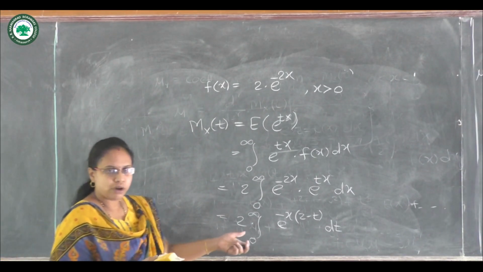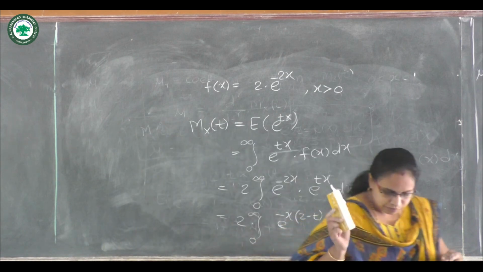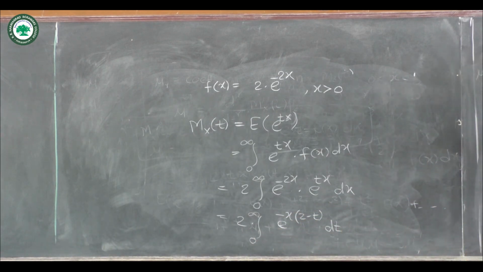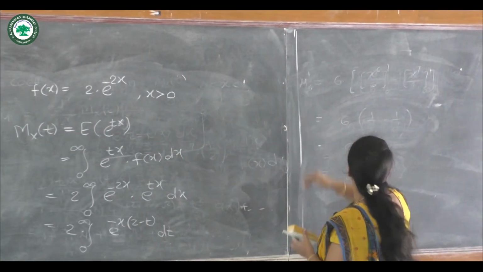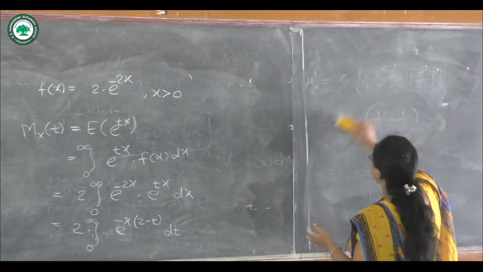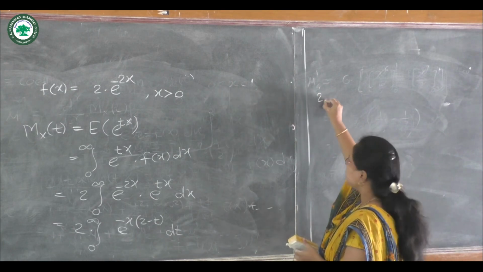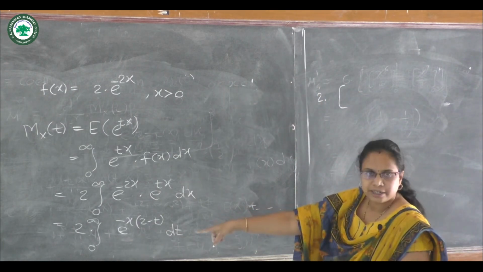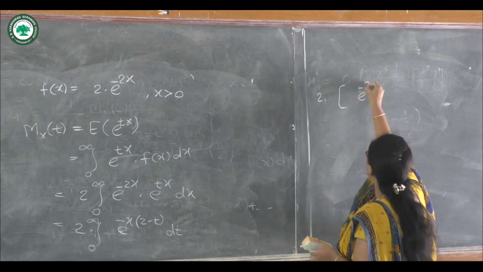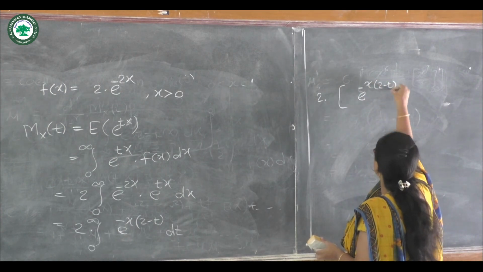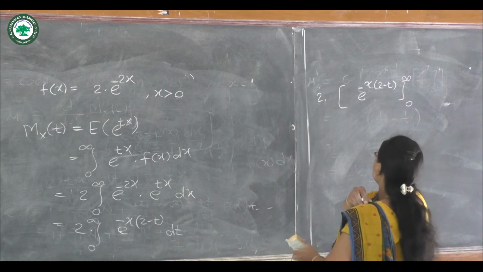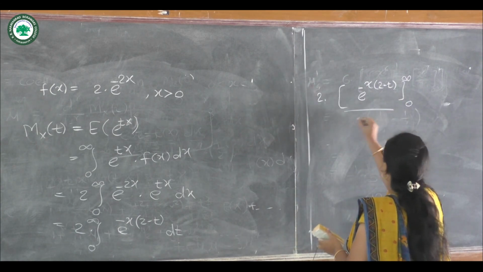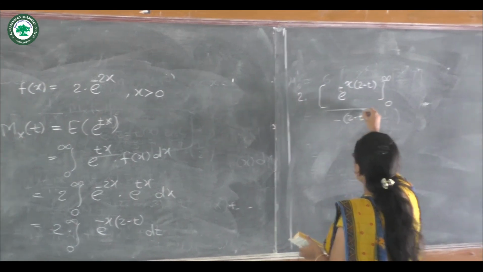So let's solve this integration. It is 2 into the integration of that term, e raised to minus x into 2 minus t, from 0 to infinity, divided by minus of 2 minus t.